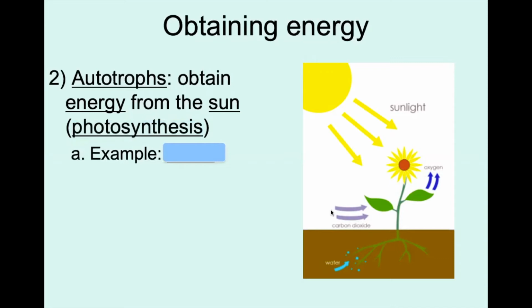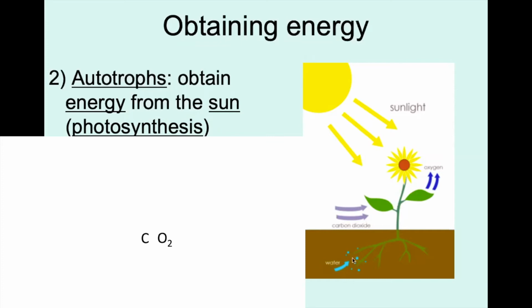Take a look what's happening in this picture. If you remember my preview from the last video in the vocabulary, I talked about molecules. Well, carbon dioxide molecules go into the plant. Water molecules right here go into the plant. And the plant is going to rearrange the atoms of these molecules to make one big molecule called a carbohydrate.